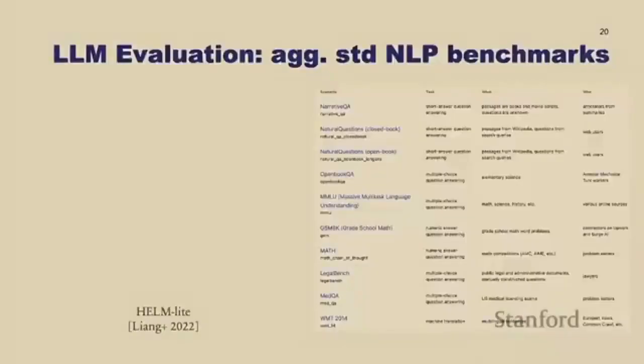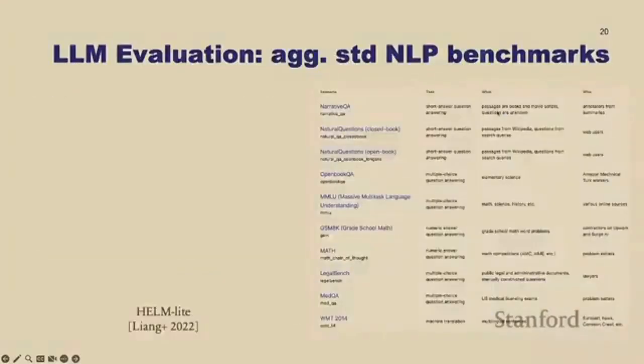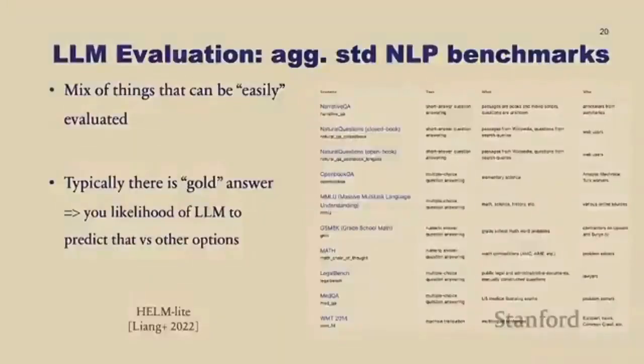Two such benchmarks are HELM, which is from Stanford, and the Hugging Face Open LLM Leaderboard, which are probably the two most common ones right now. Just to give you an idea, in HELM there are many types of tasks, mostly things that can be easily evaluated, like question answering. Think about many different question answering tasks. The benefit of question answering is that you usually know what the real answer is.